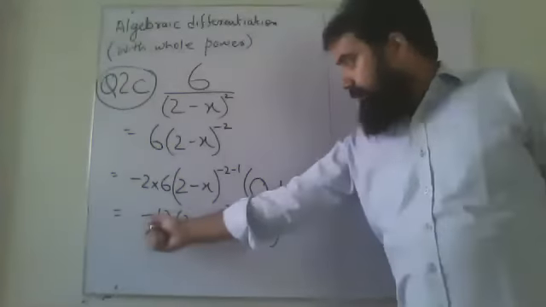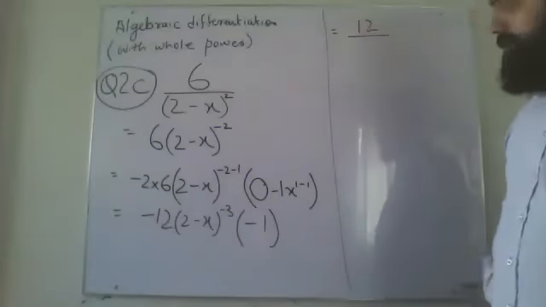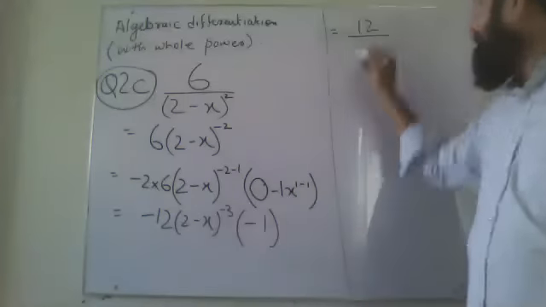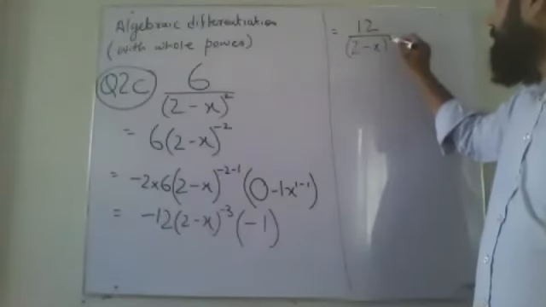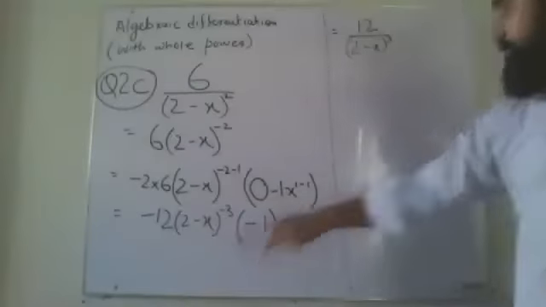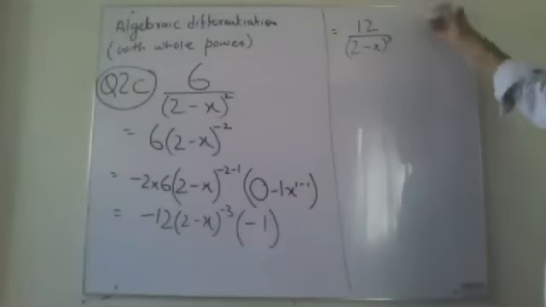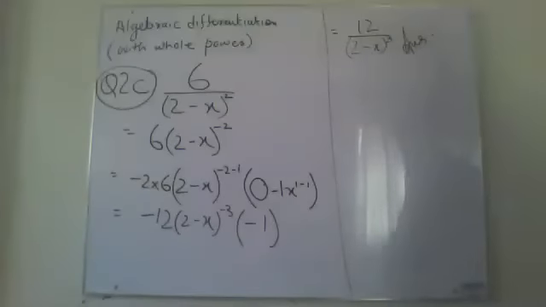Minus 1 multiplied by minus 12 will become plus 12, and 2 minus x to the power minus 3 will become 2 minus x whole cube. This power is in minus, so I've shifted it to the denominator and it becomes plus. Okay, nothing else can be done. So that is my answer over here.